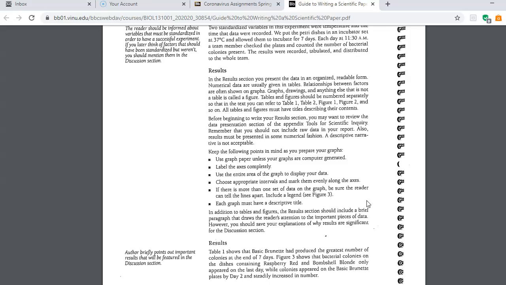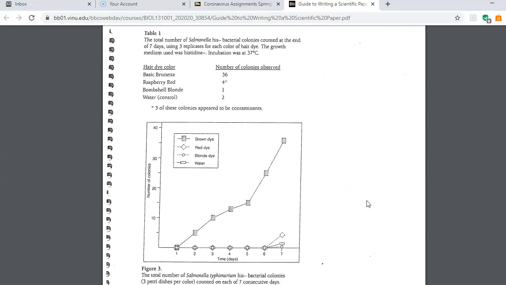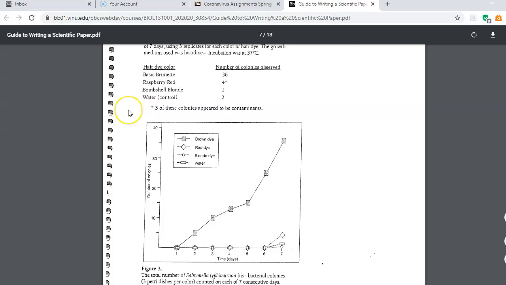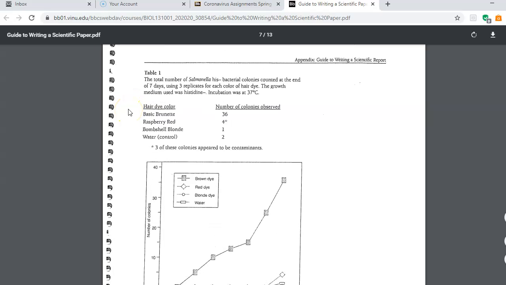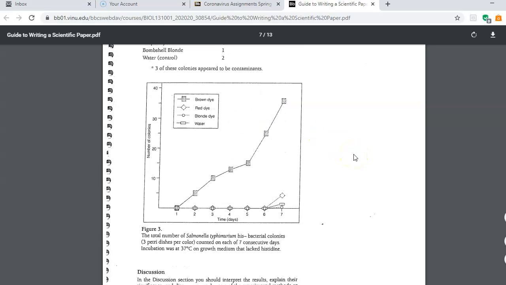All right, so here is their example. Remember that this was looking at different hair dyes and seeing if they would mutate salmonella cells. They have a data table, Table 1. Notice that tables are always labeled above the table with what it is. Their table is hair dye and number of colonies, and then they have graphed that data as well.